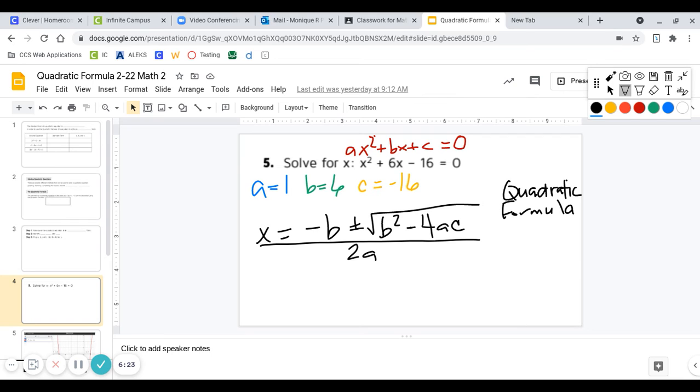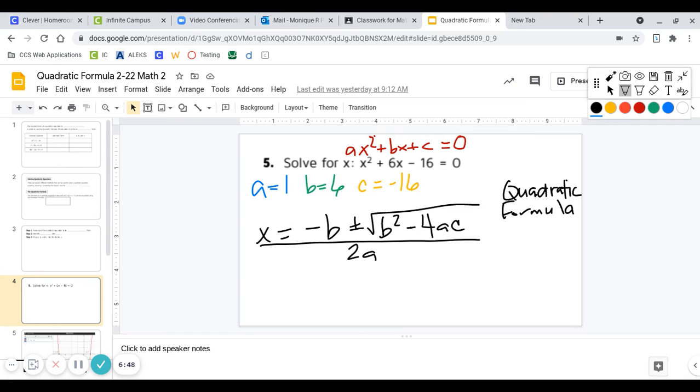So now that we know exactly what our formula looks like, we're going to rewrite this, making sure we substitute a, b, and c with the values that we found. Every time I have a letter, I'm going to stop and insert the number value.